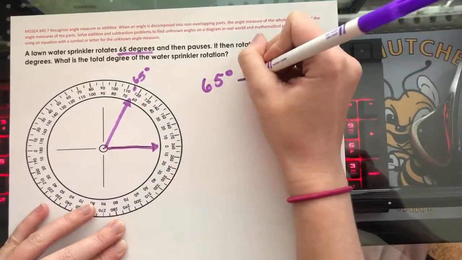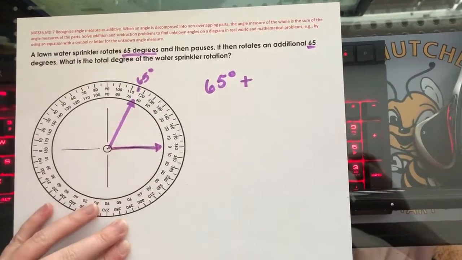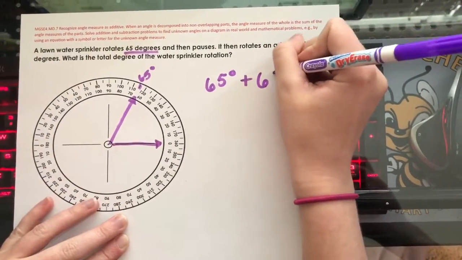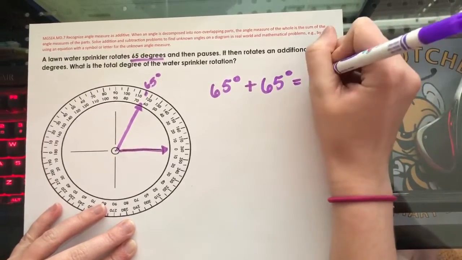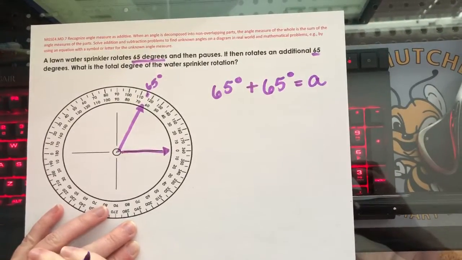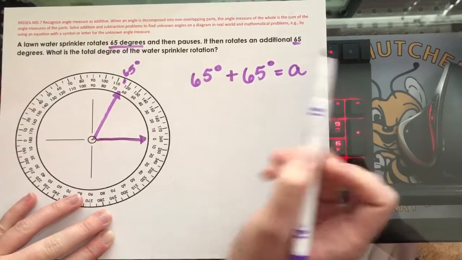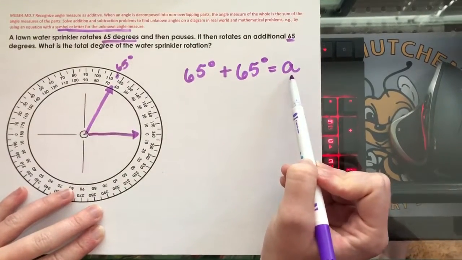And we know we're going to add to that 65 more because it rotates another 65. So we've got 65 plus 65. And I'm going to use A for my answer that I don't know, because remember that here in the standard is where we're using some kind of simpler letter for our unknown angle measure we don't have.